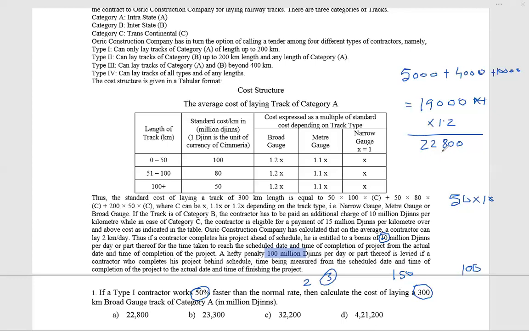If we add 500 to it, the total comes to 23,300 million. Option B. Clear?